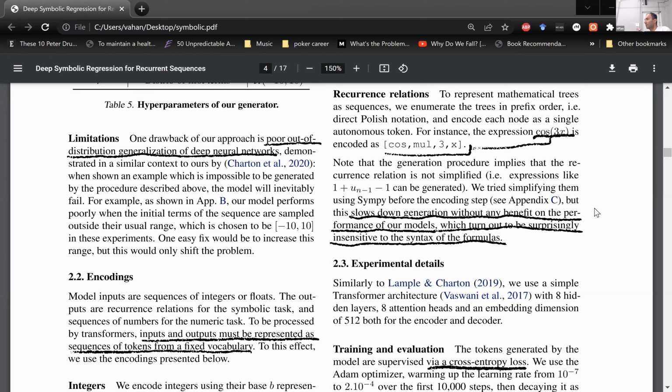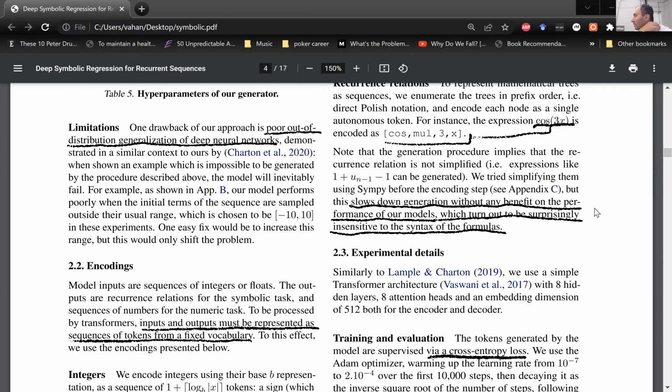That would require you to know a sequence, so you return a sequence of tokens. It's quite interesting what kind of loss they use. I think you assume some fixed depth, like your output sequence can have a length of this or less, an upper limit, not fixed. So how does it know when to stop generating?